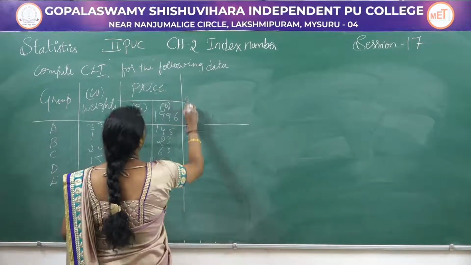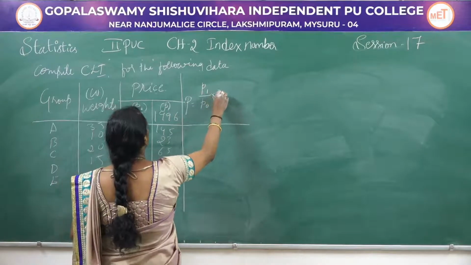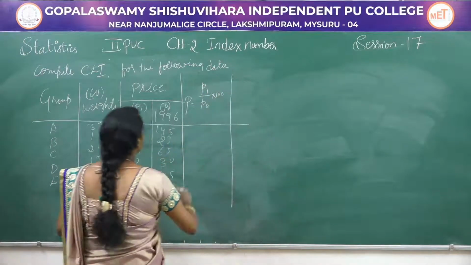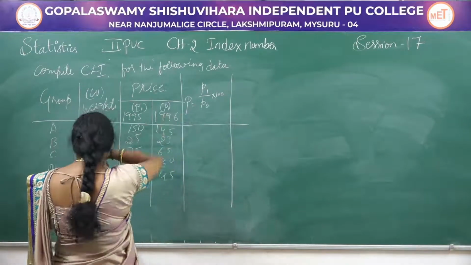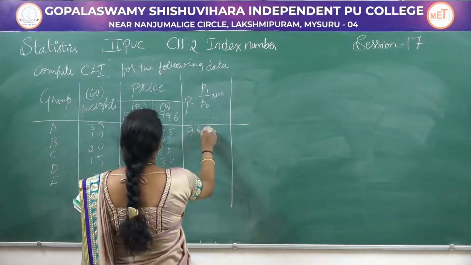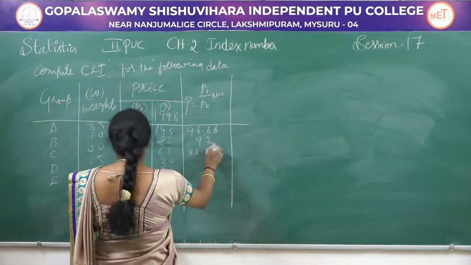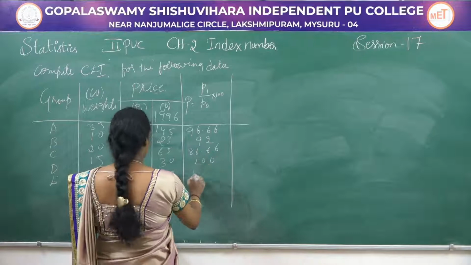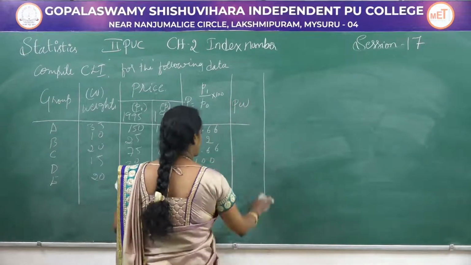Let's calculate the price relative capital P, that is P1 by P0 into 100. P1 by P0 means take the ratio of this, then multiply by 100, and the values are like this: 96.66, 92, 86.66, 100, 112.5.